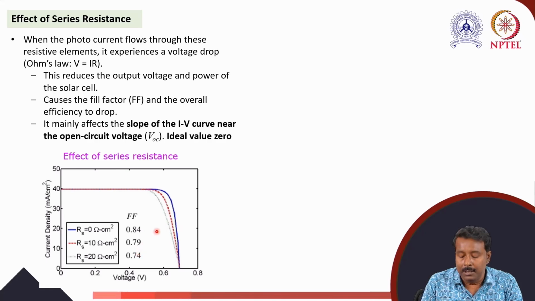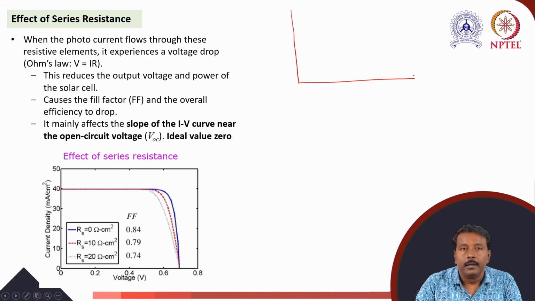So let us now consider two things, the ideal case and a curve with a high value of series resistance. You can observe how the fill factor will be affected. Say this is the IV curve for very small value of Rs.